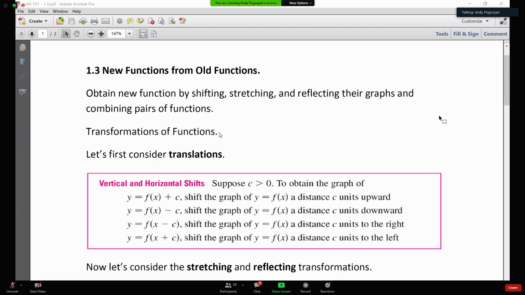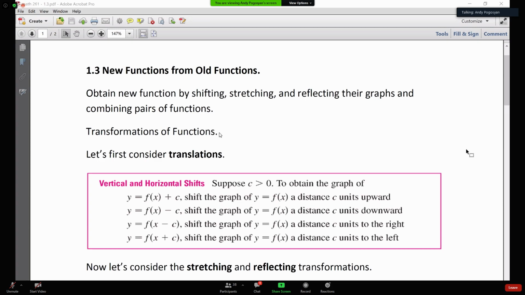General transformation includes stretching and shrinking. So reflection also will be just a translation because when reflecting, shape and the size will stay the same. Now, when you stretch and you shrink, the shape stays the same, but the size of the graph will be changed.